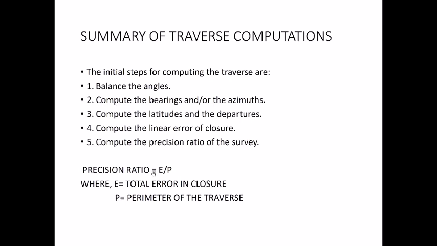So the smaller the precision ratio, the better, because smaller means we have a smaller error and a larger perimeter. In a bigger traverse you have smaller error, and the bigger the precision ratio, the more error there is and the more balancing it needs.